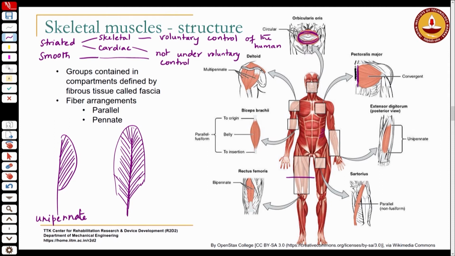It's not very clear from this diagram. And if it's on both sides of that central tendon, if the fibers are diverging out like that, then this is called a bipennate.